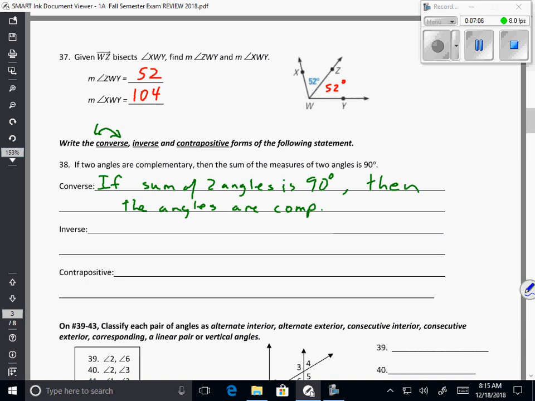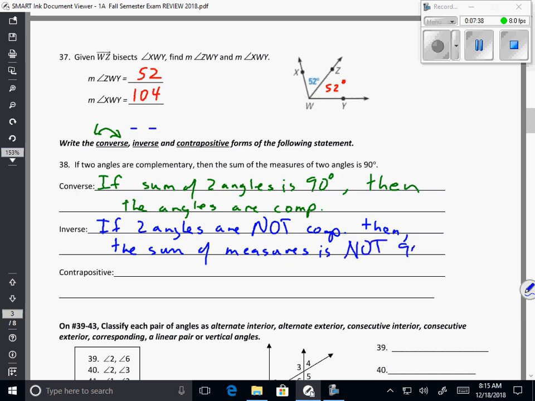On an inverse, you're going to leave them where they're at, but you're going to negate both of them. If two angles are not complementary, then the sum of measures is not 90.